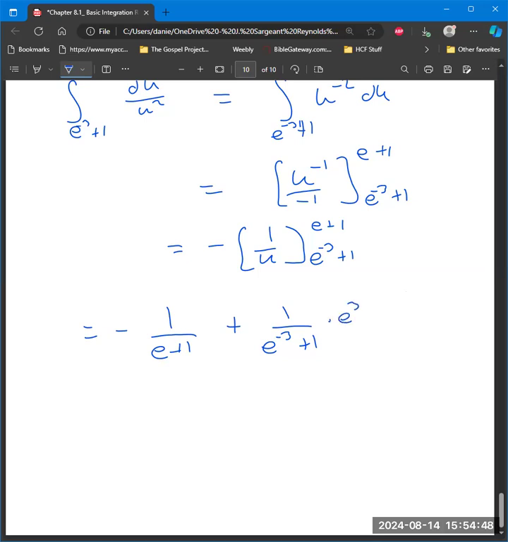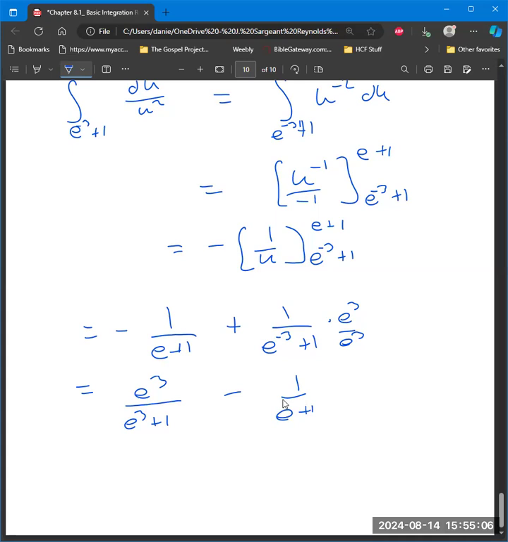Multiply by e to the third here. For e to the third, it's e to the third over e to the third plus 1 minus 1 over e plus 1.